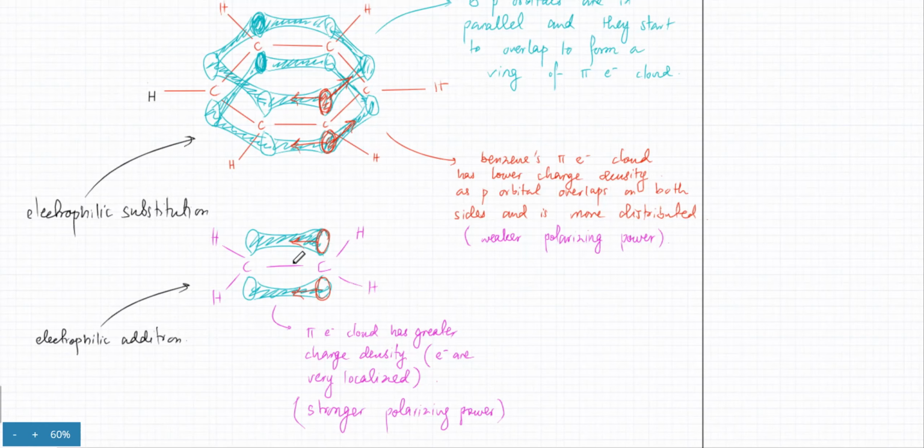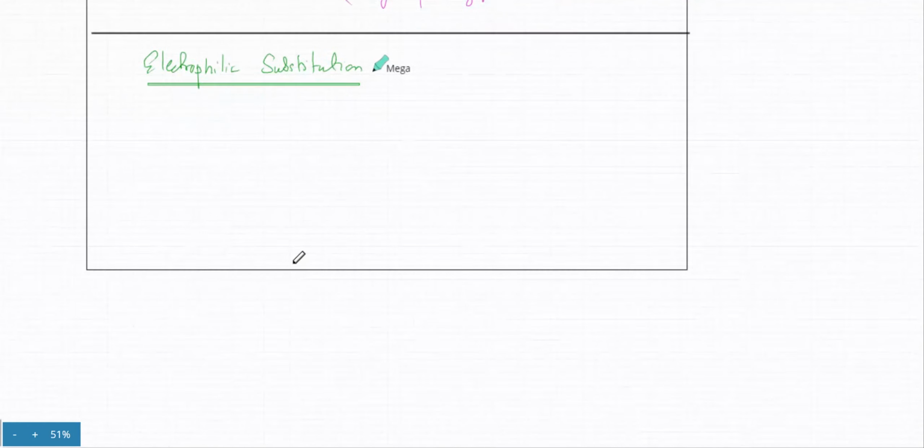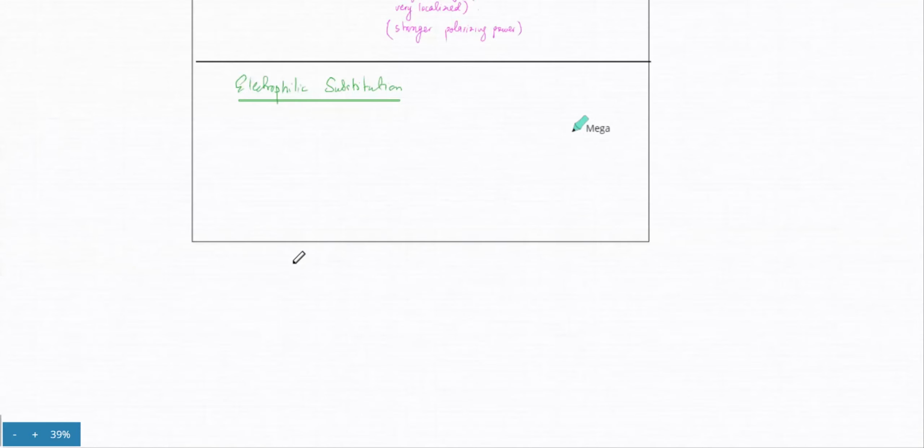So electrophilic substitution in benzene. Now what happens in electrophilic substitution is, so थोड़ा बड़ा कर लो.